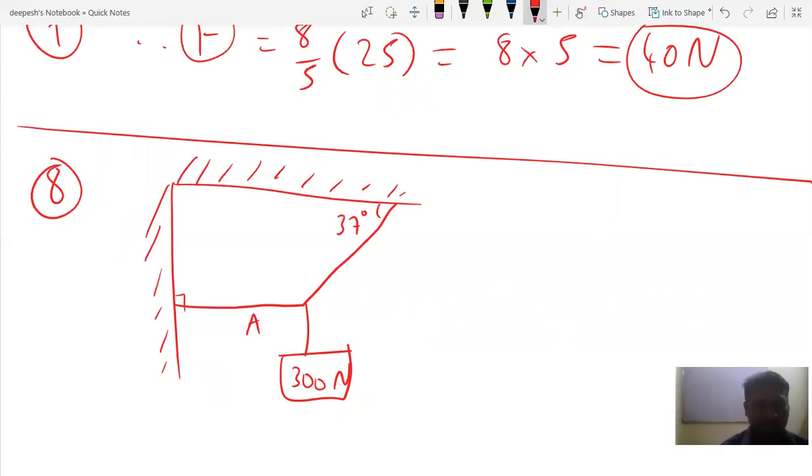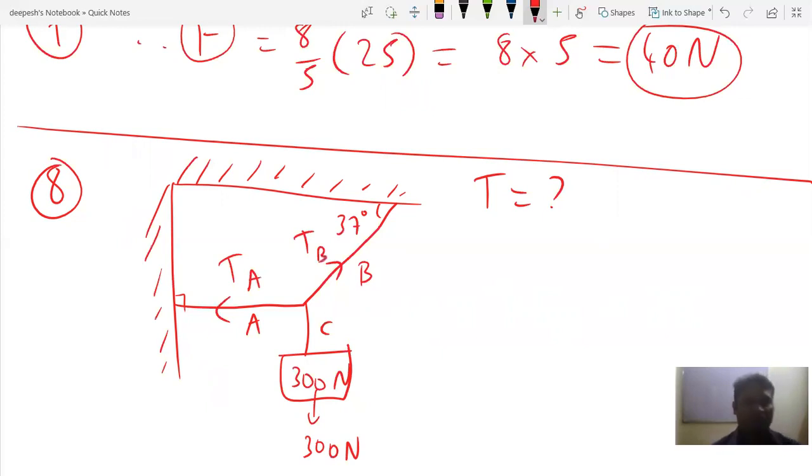This is string A, this is string B, and this is string C. So in this case, mass is 30 kg. So force in downward direction will be 30 G, which is 300 Newton. We have to find the tension in each string. Let us consider the tension here as TA, tension in B string as TB, and tension in C string as TC. So let us find the value of TA, TB, and TC.